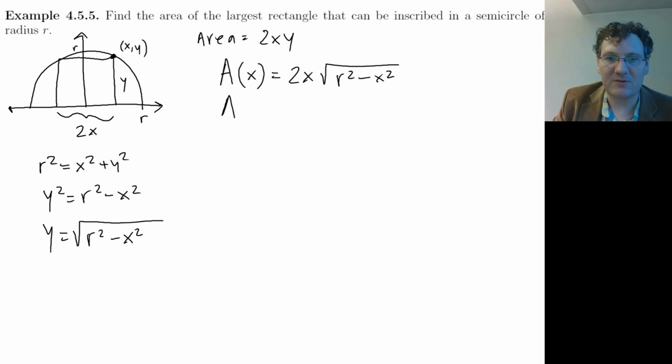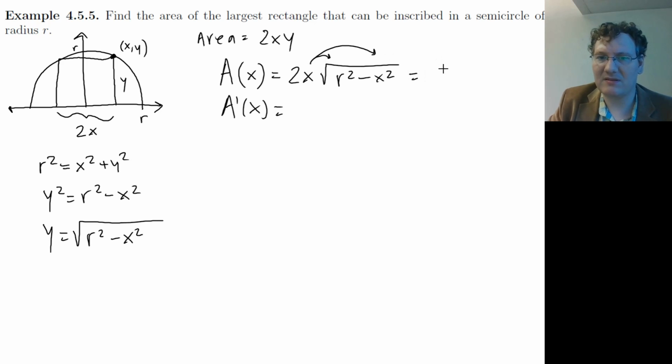So let's find the first derivative. Using the product rule, or let's distribute it and put the x inside. Let's write this as 2 times the square root of r squared x squared minus x to the fourth.